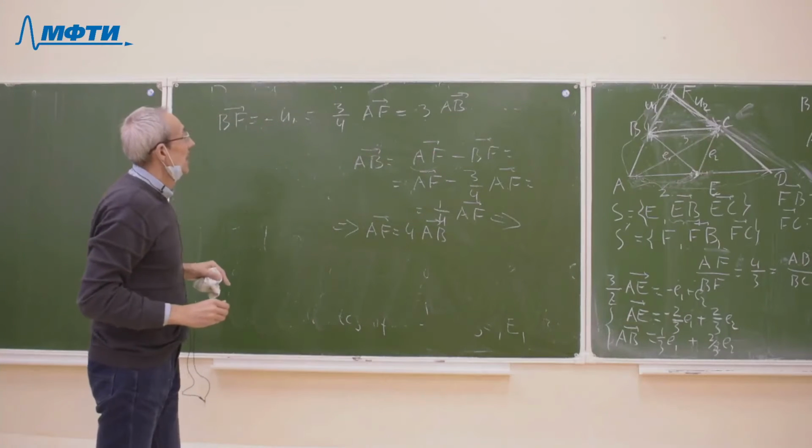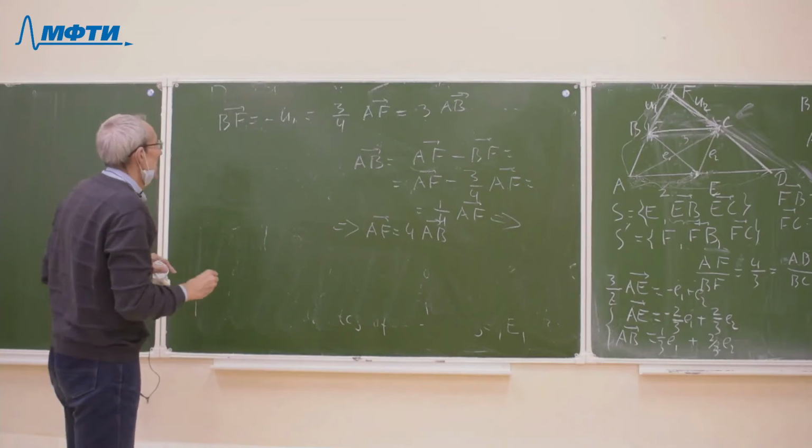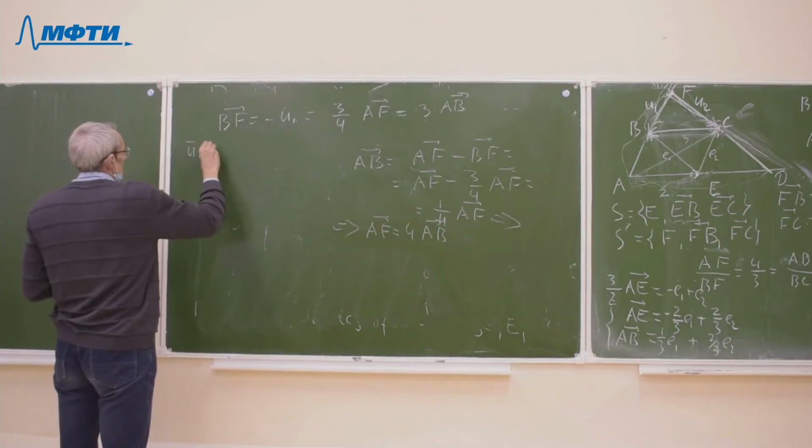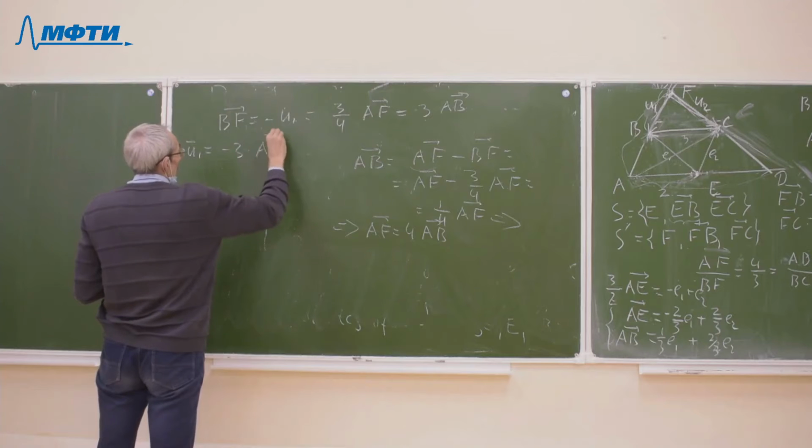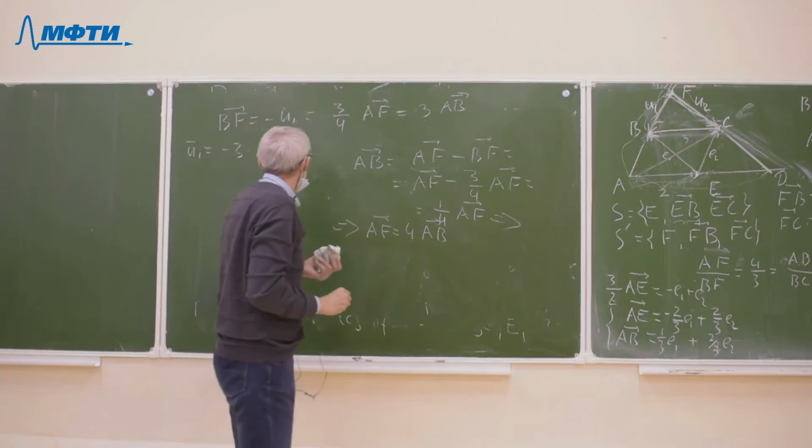BF is equal to 3AB, and the vector U1 is equal to minus 3 times AB.